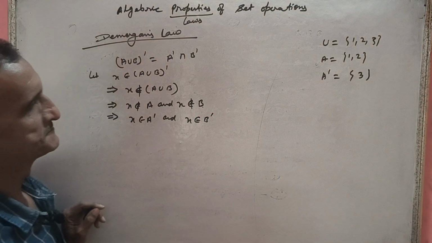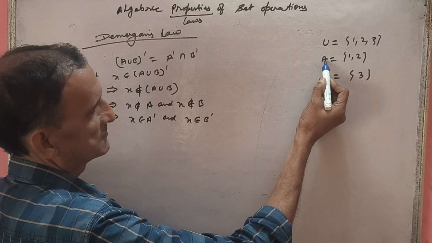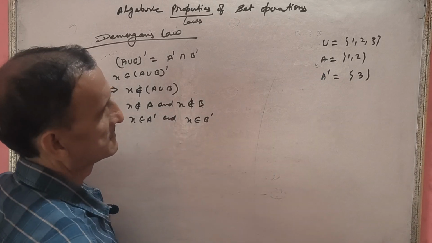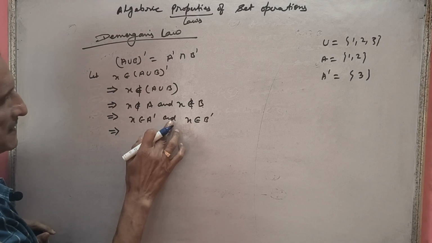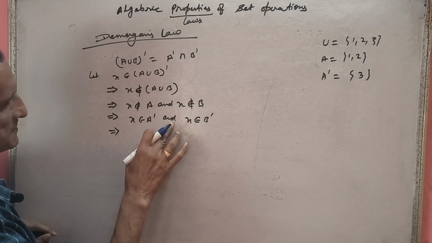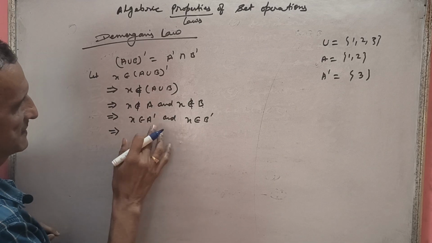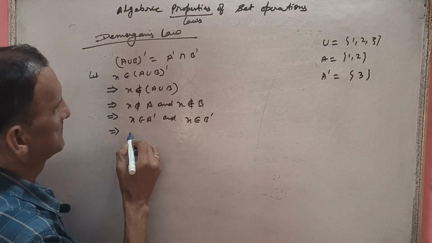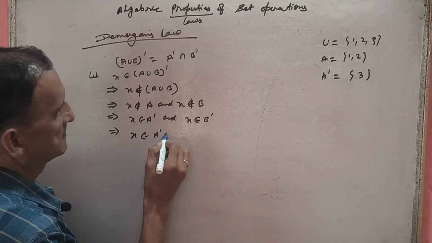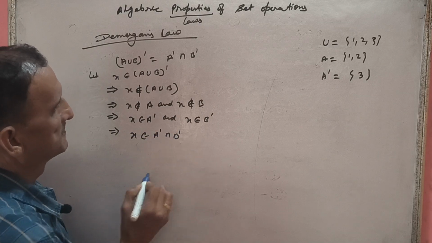Understood this? If 3 does not belong to A, then where is 3? In A complement. Okay? And belongs to is a confirmation, and intersection. X is in A complement also, and it confirms that X is in B complement also. That belongs to A complement intersection B complement.